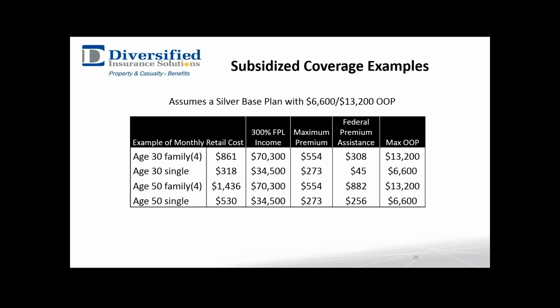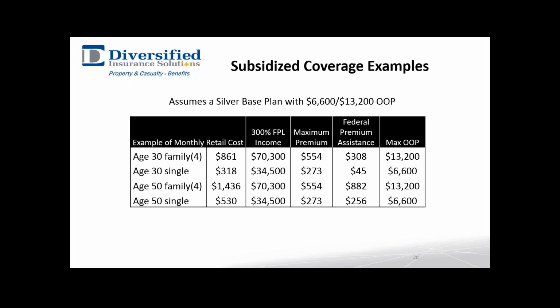But at the same time, age has a factor on it, which we're going to get into with some market reform and what that means. The federal premium assistance, the max premium, is the max that individual would pay based off of income. So you can see a 30-year-old family of 4 with the same income as a 50-year-old family of 4, my max premium that I would have to pay is the exact same, right? Because my income's the same.